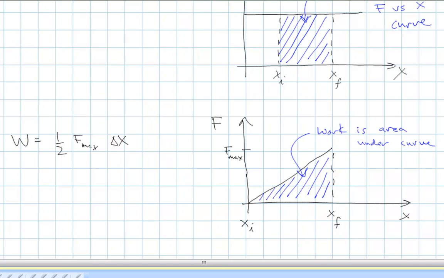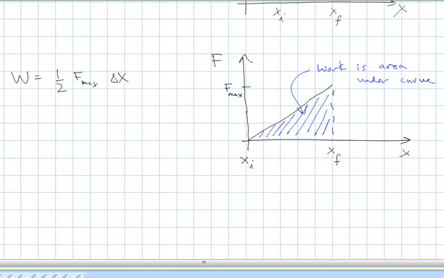And it's a triangle in this case, so it's 1/2 F maximum delta x. And this is true in general.